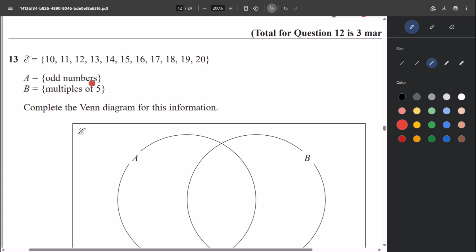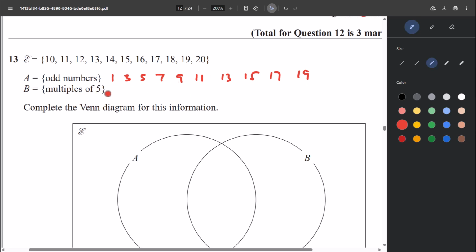And the odd numbers, which are a subset, will be 1, 3, 5, 7, 9, 11, 13, 15, 17, 19. These are the odd numbers for set A.